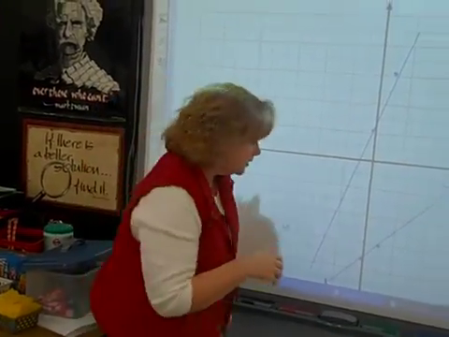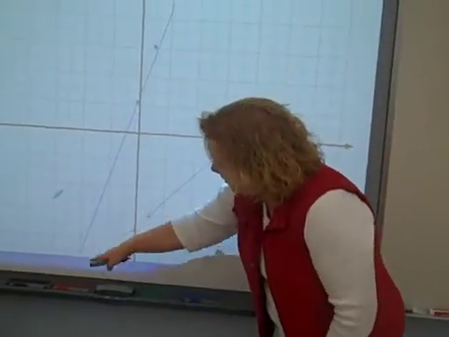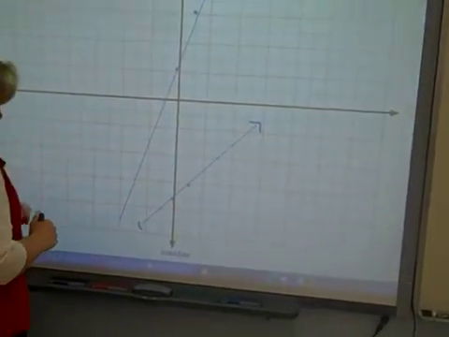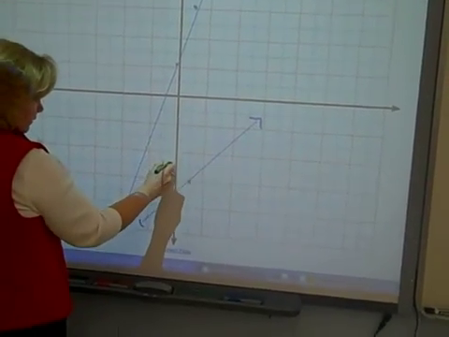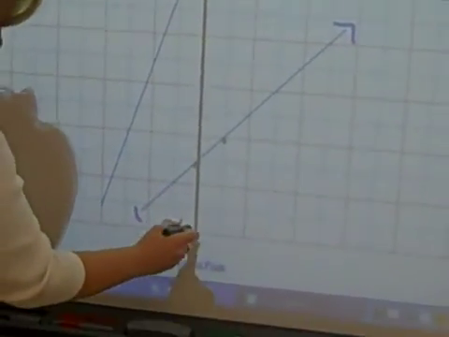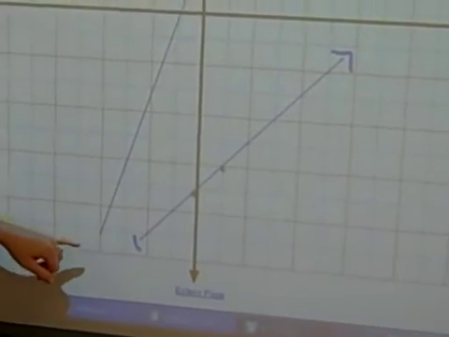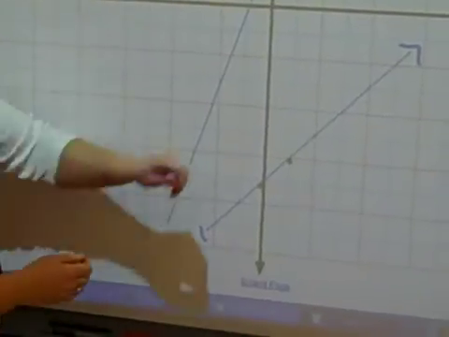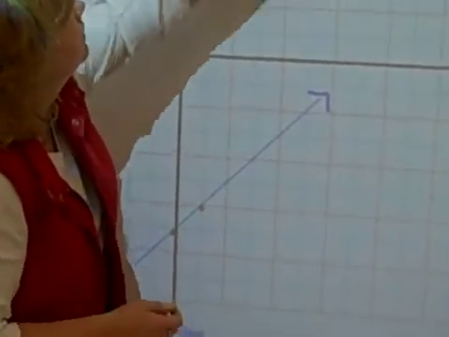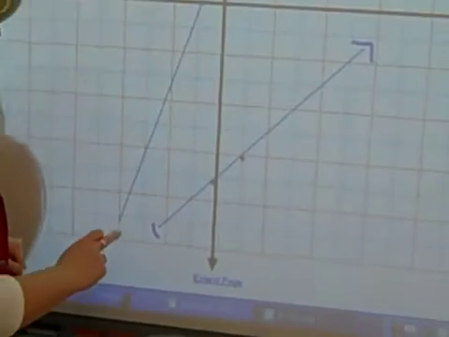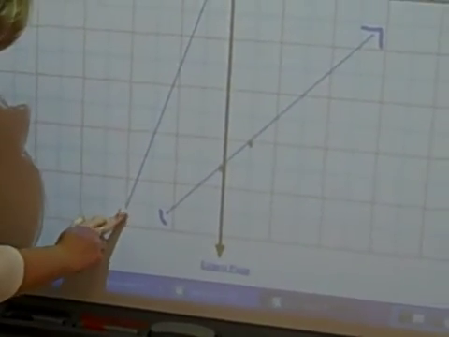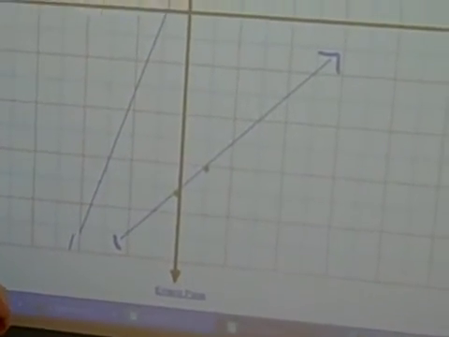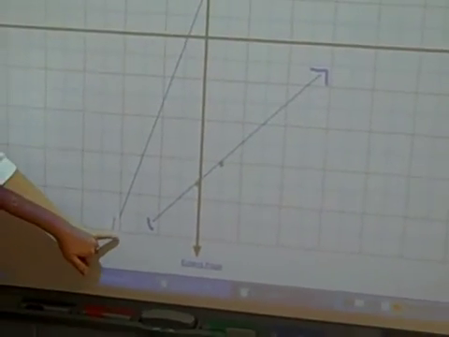-10, -3. My graph is not quite large enough, and I don't think if I go down it will be anyway. Maybe it will. I just needed to make my line longer. So both of these lines are a little bit longer.